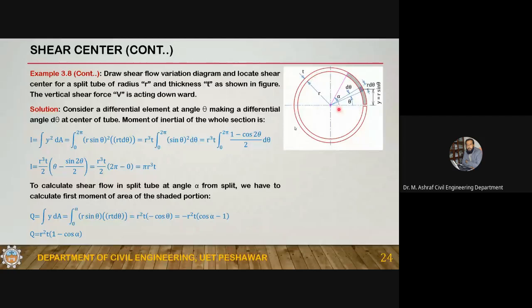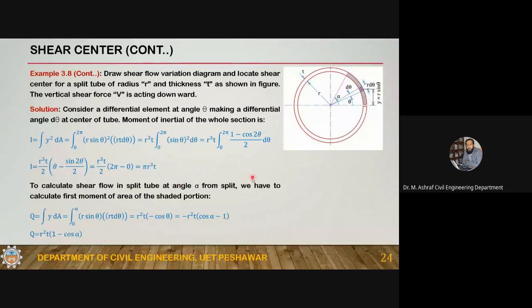So I is equal to r cube t times the integral from 0 to 2 pi of sine squared theta, with dA equal to r t d theta. The integration is from 0 to 2 pi, over the whole cross section. If you integrate this, I'm not going into the details, you will get pi r cube t. Pi r cube t is the moment of inertia of this thin split tube.